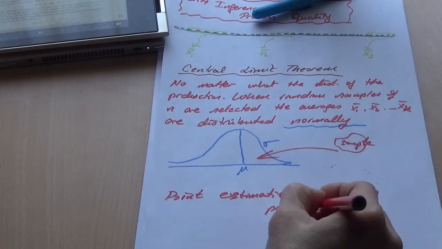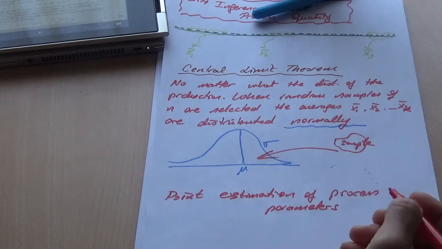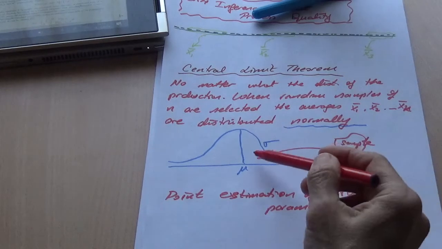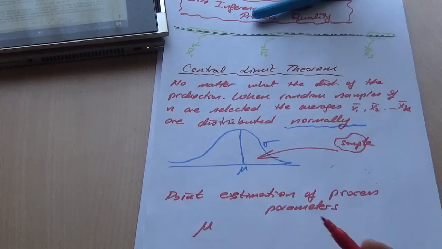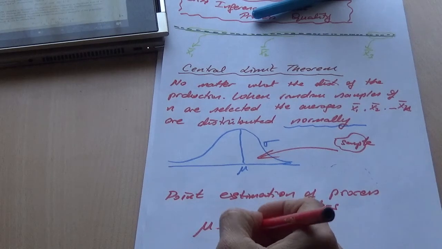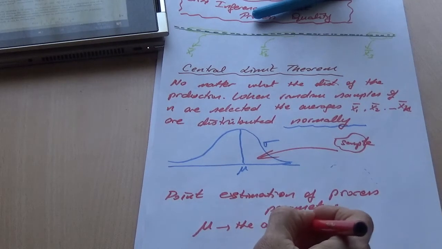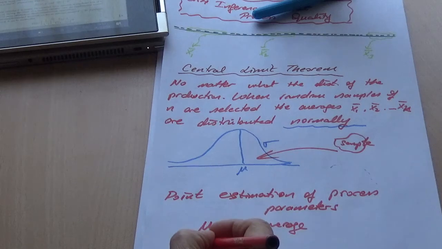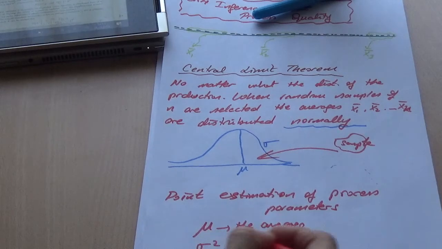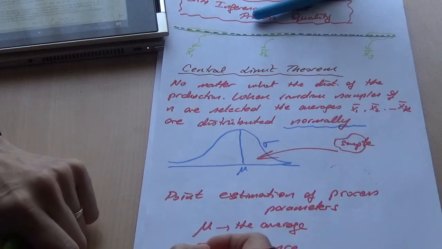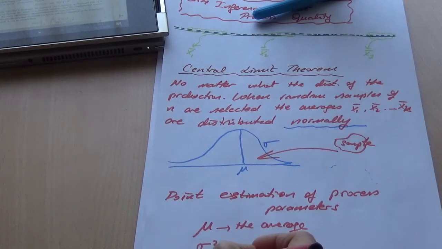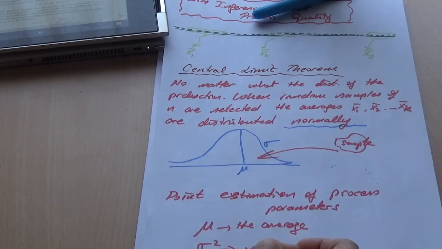What do we mean? For the normal distribution, we mean the process parameters as mu, the average, and sigma square, the variance, or we can call it sigma standard deviation.